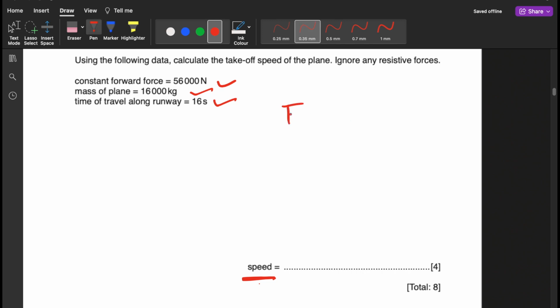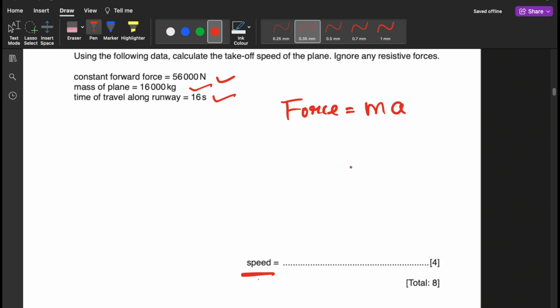The force formula, anything that you know? Force is MA. Mass into acceleration, correct? That's correct.